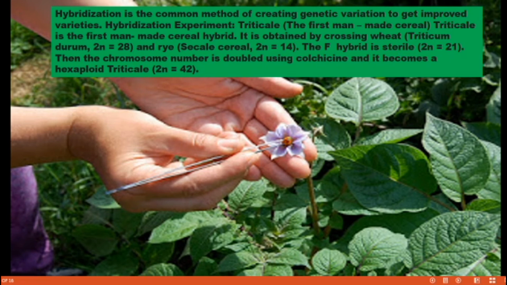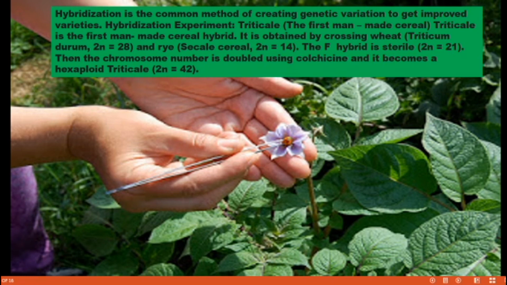So look at here what happened. 2n equal to 21. This is happening in the F1 generation. After that the chromosome number is doubled using colchicine and it becomes the hexaploid triticale, 2n equal to 42.